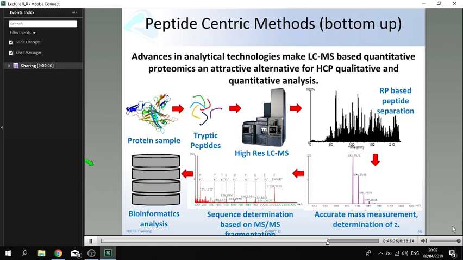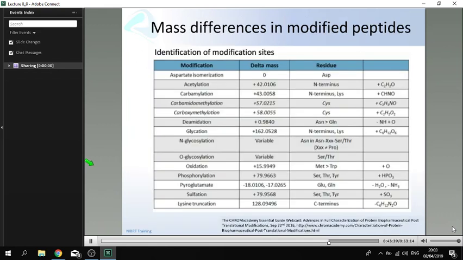Then we can do different MS coupling to get a lot of information from those peptides, and through bioinformatic analysis we can determine what each one of those peptides contains.